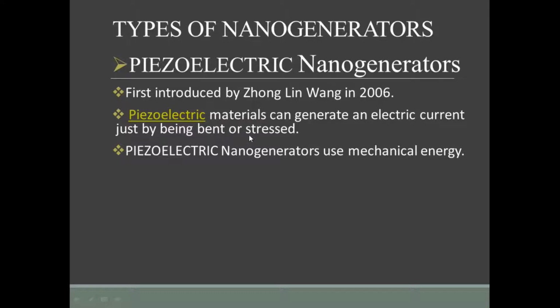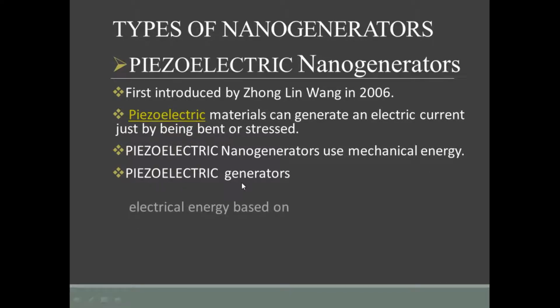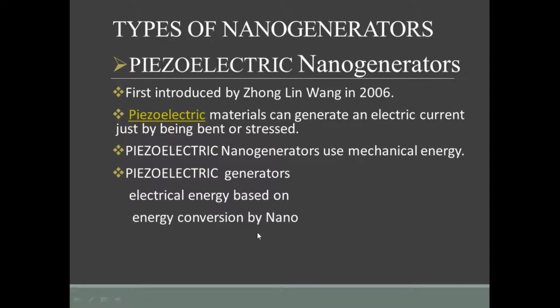They work only by bending or stress. Piezoelectric nanogenerators use mechanical energy, and generate electrical energy based on energy conversion by nanostructured piezoelectric materials.